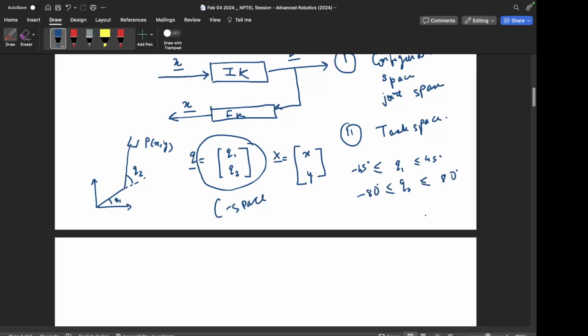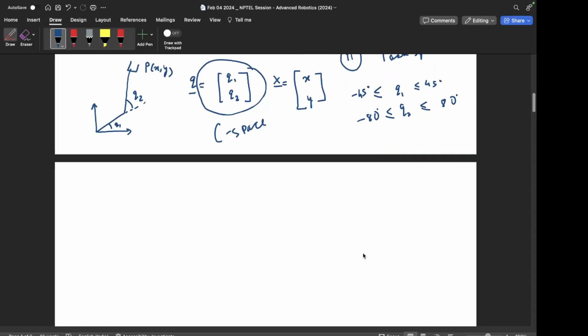So this space, if we make a plot between q1 and q2, right? And since we are taking negative values also, let me extend it this side.